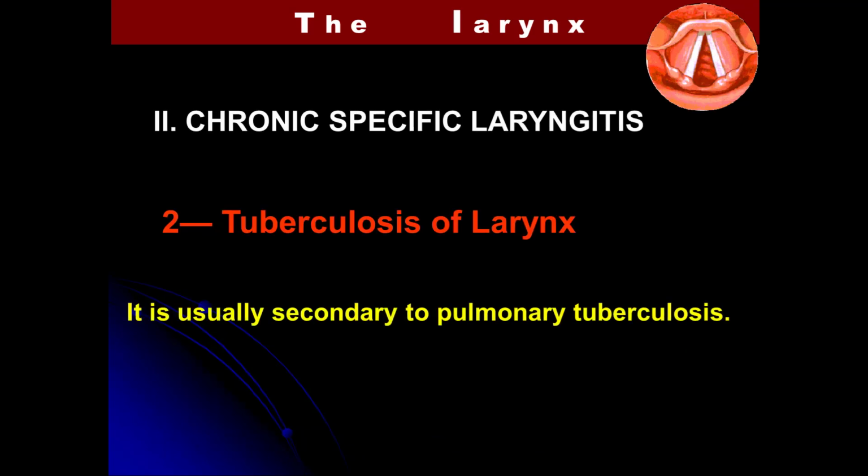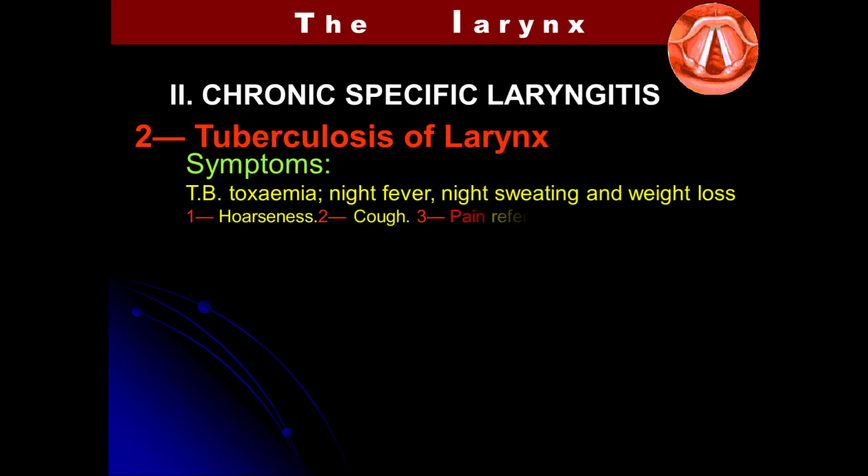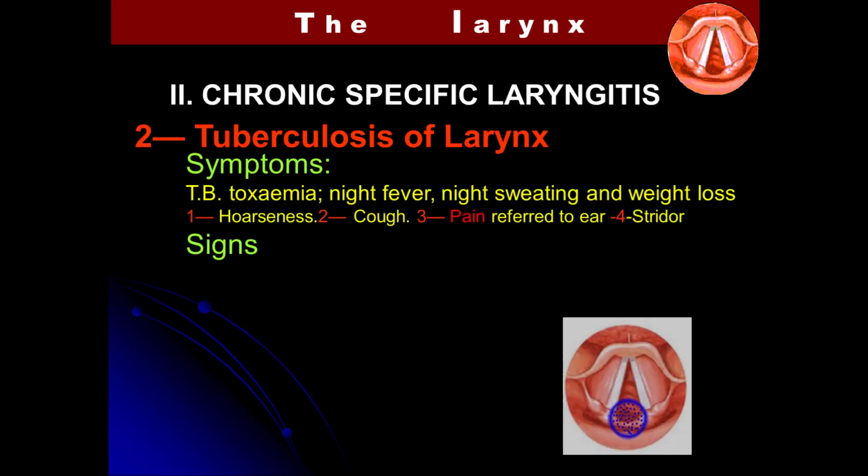As regards tuberculosis of the larynx, it is usually secondary to pulmonary tuberculosis, and we should keep in mind that the patient would have TB toxemia, night fever, night sweats, and weight loss. We may have hoarseness and cough, and most importantly, pain referred to the ear and stridor.